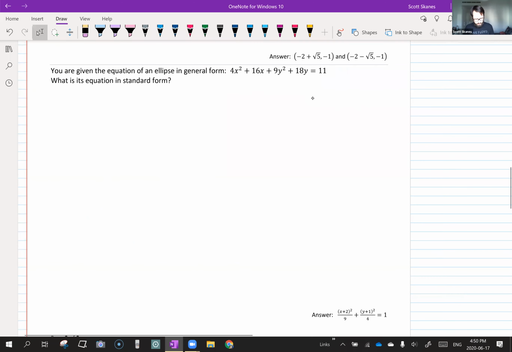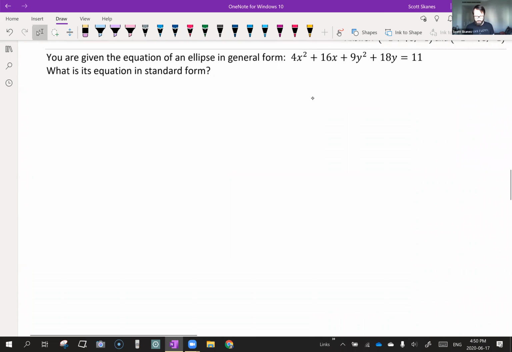Let's do the next question. The next question, I love them because I think they're very easy and students do really well on them too. Let's just try to figure out what we're being asked here. You're given the equation of an ellipse in general form. So this is the ellipse in not standard form. What is the equation in standard form?